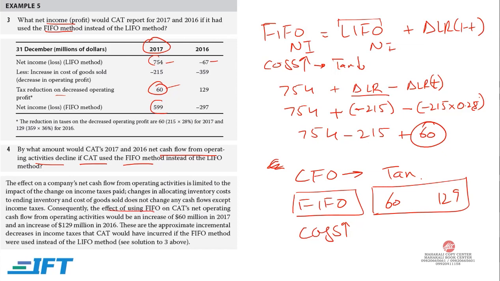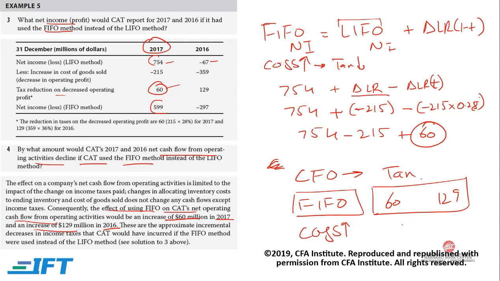So the effect of using FIFO on CAT's net cash flow from operating activities would have been an increase of 60 in 2017 and an increase of 129 in 2016 because we are paying less taxes. If you pay less taxes, we are going to have higher cash flow from operating activities. And further on, there is the approximate incremental decrease in income taxes that CAT would have incurred if the FIFO method were used instead of the LIFO method.